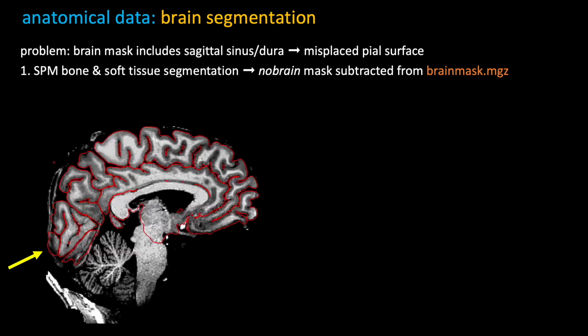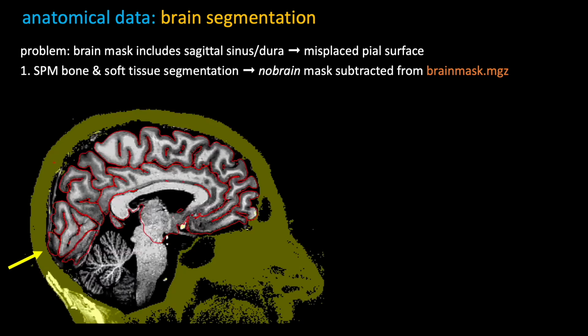So one approach that we tried, and it sometimes works, not in this specific case, but I'm going to show you how it could work, was to actually use this bone and soft tissue segmentation from SPM that we looked at a few slides ago and create a no-brain mask. So this is a mask that you can then subtract from our brain mask. And this is how it would look like here. And you can see that it doesn't really help in this particular region.